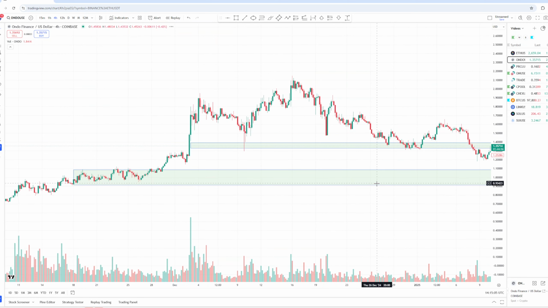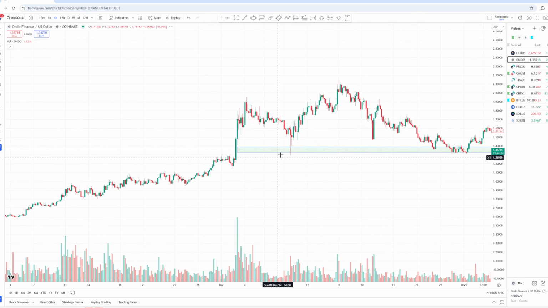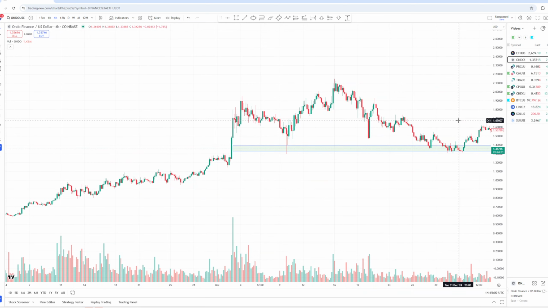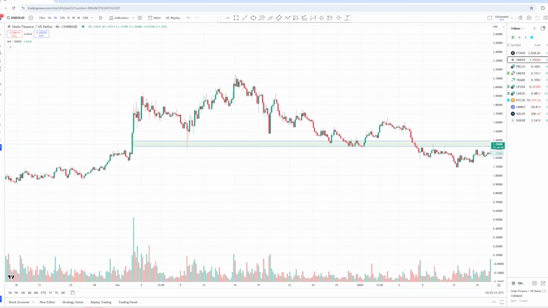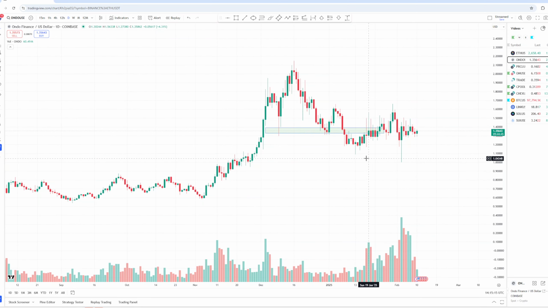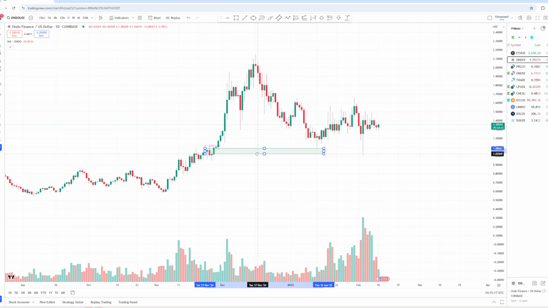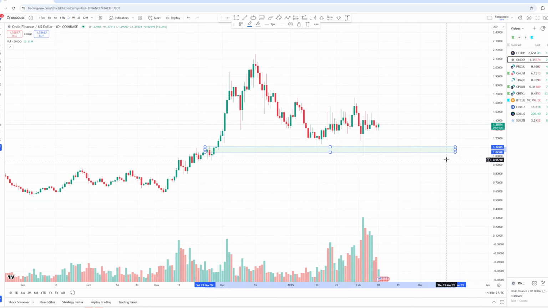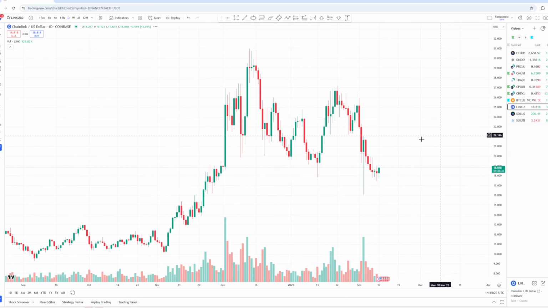This looks, even without this box here, like a decent level, right? However, as you can see, price gravitated again to the higher time frame potential support area with a little bit more history and a little bit more price action, which was this place here where the move actually originated.